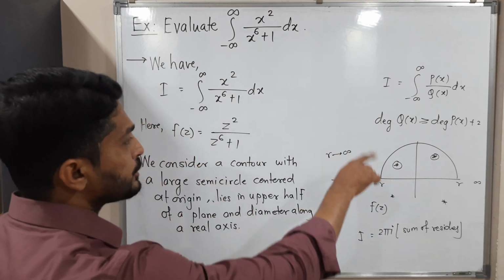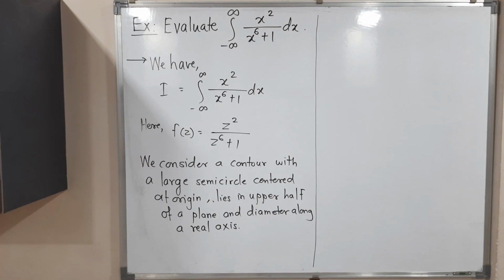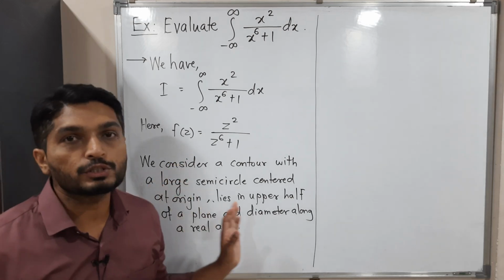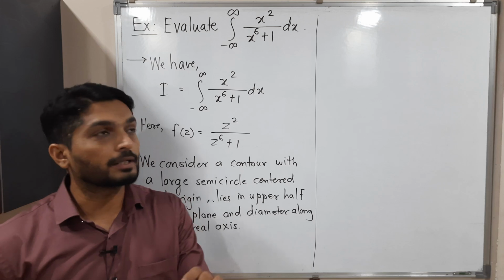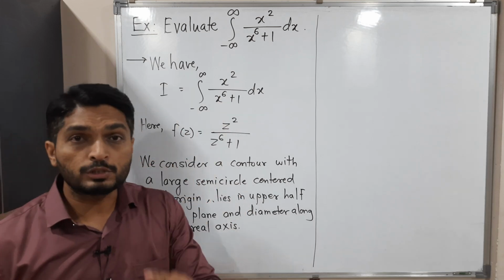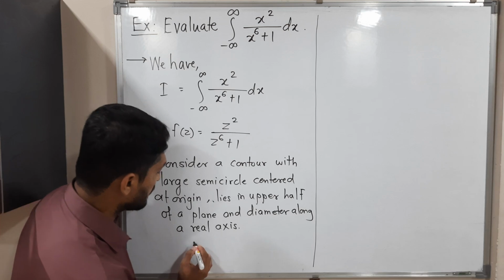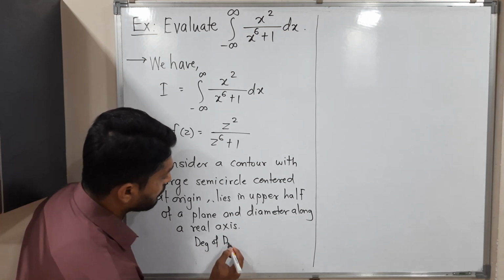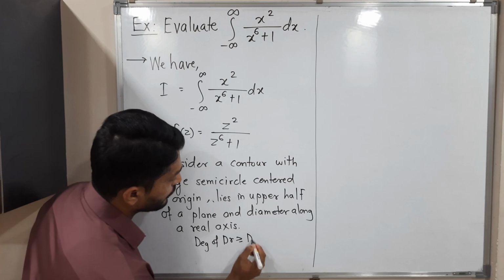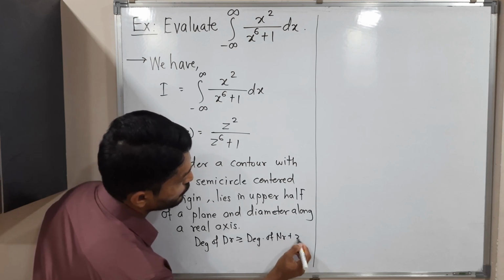Let me remove this part, so we will have some more space to write. As we have already discussed, the given function satisfies the condition of this method. The condition is that the degree of the denominator, 6, should be greater than the degree of the numerator at least by 2. That means degree of denominator is greater than or equal to degree of numerator plus 2.